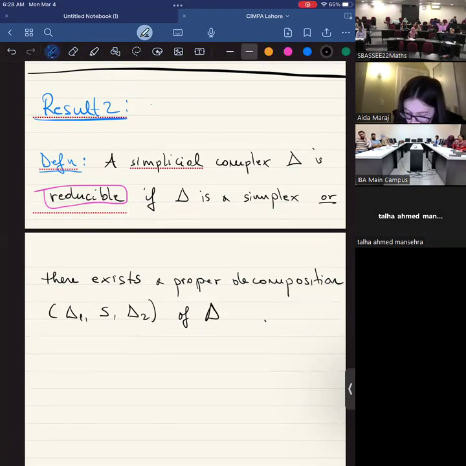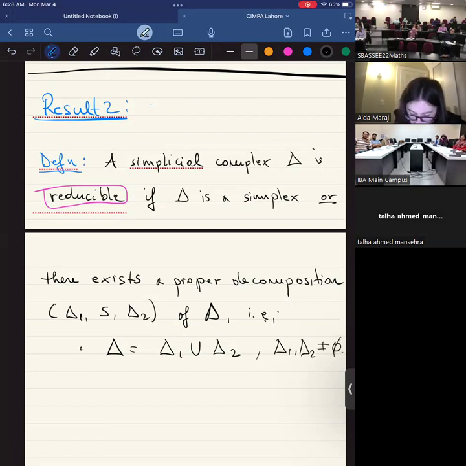In other words, delta is the union of delta 1 and delta 2, and delta 1 and delta 2 are both not empty, and delta 1 intersect delta 2 is a simplex.